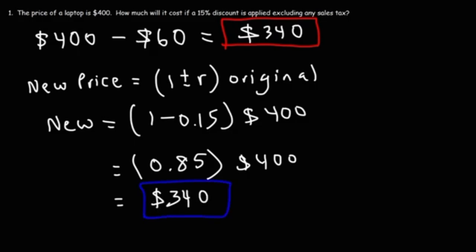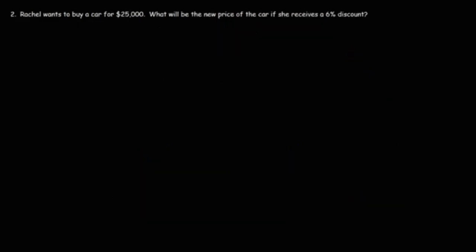Now I want you to think about this mentally. This is 100% of the original price of the laptop. If we have a 15% discount, that means that we're going to pay 85% of the original price of the laptop. And that's what we're doing here. If we calculate 85% of 400, we can go directly to the final answer, which is 340.